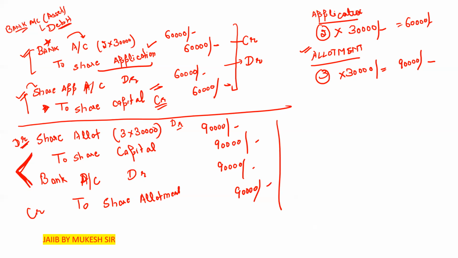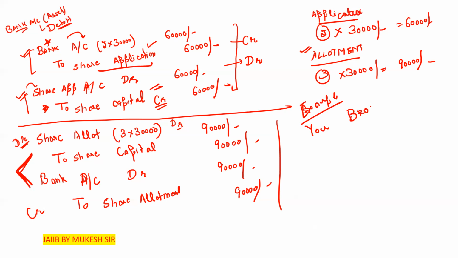Please try to understand why I reverse this transaction here. First, I allot the amount to the share account. Instead of debiting the bank account, why do I place the account share allotment? Let me give an example. Like you are applying for a broadband connection.